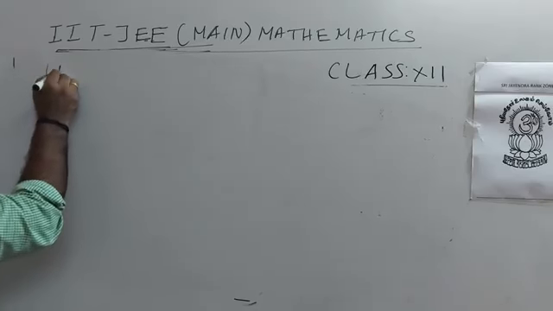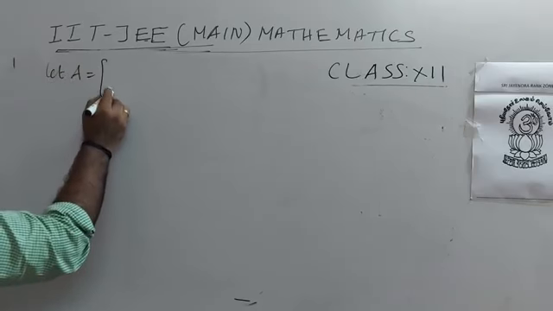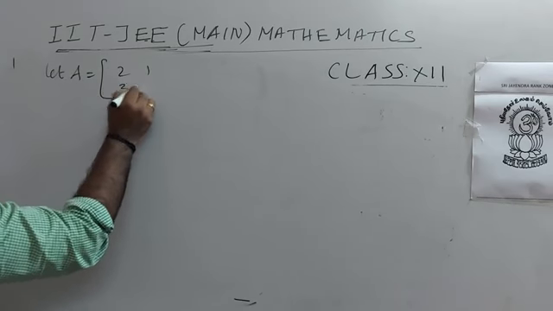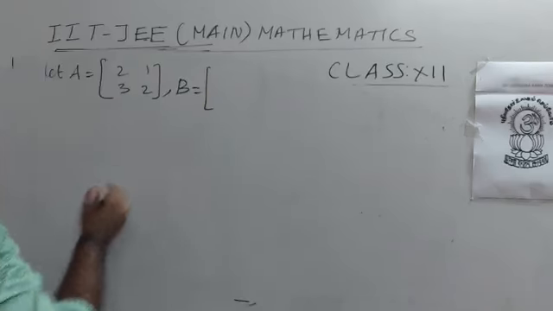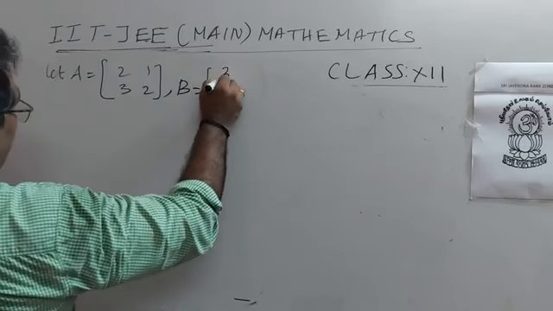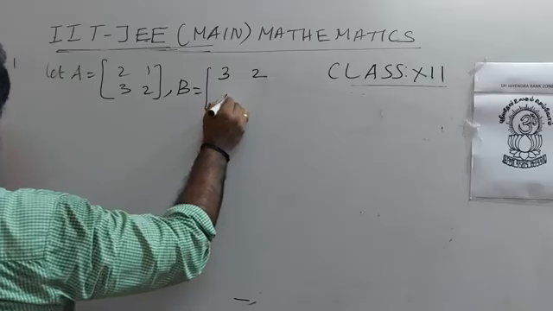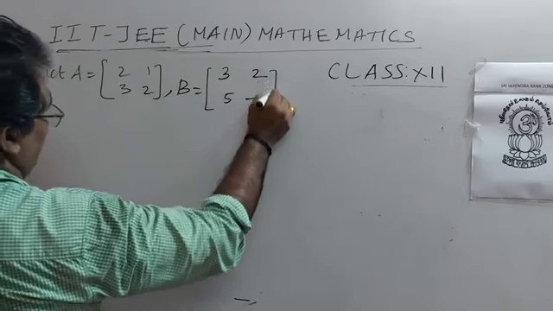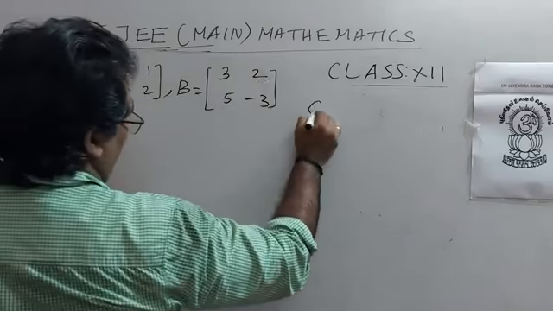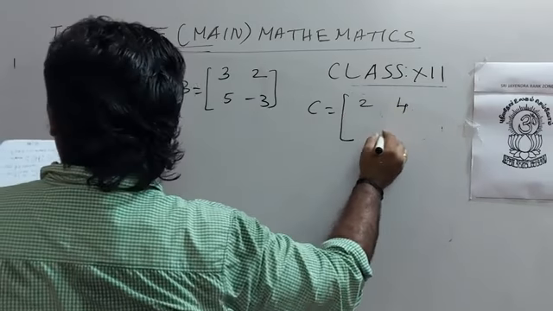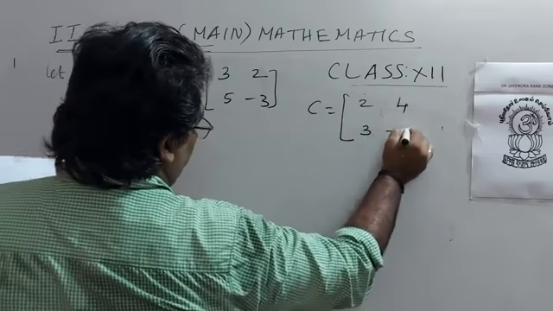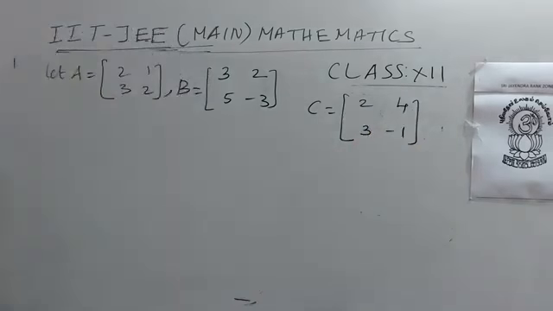Let A equal [[2, 1], [3, 2]], B equals [[3, 2], [5, minus 3]], C equals [[2, 4], [3, minus 1]].